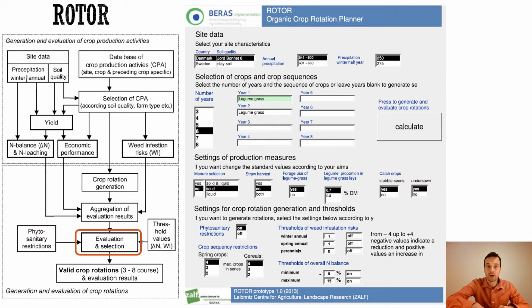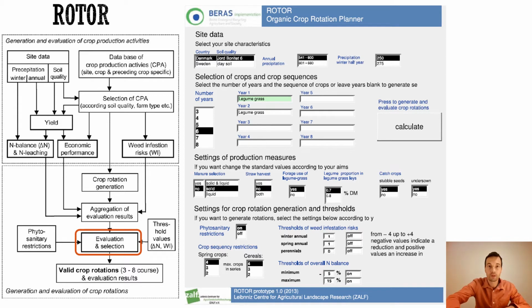The algorithm selects agronomically sustainable crop rotations according to exclusion criteria, such as a threshold of nitrogen balance with infestation risks, phytosanitary and chronological restrictions.